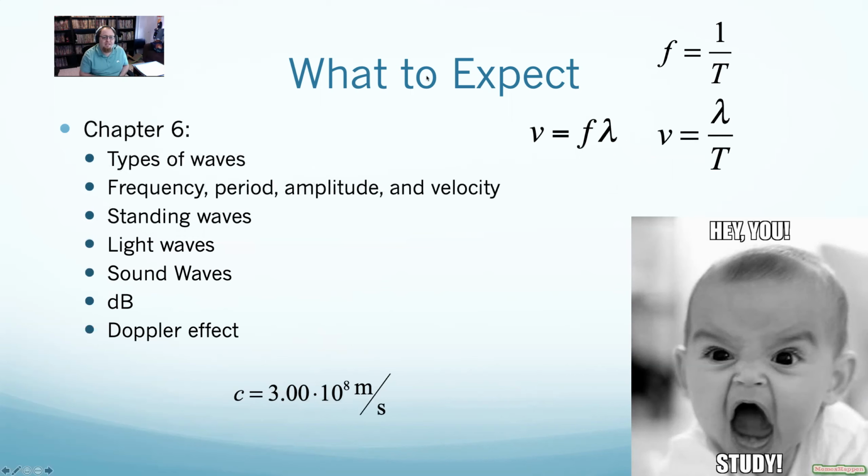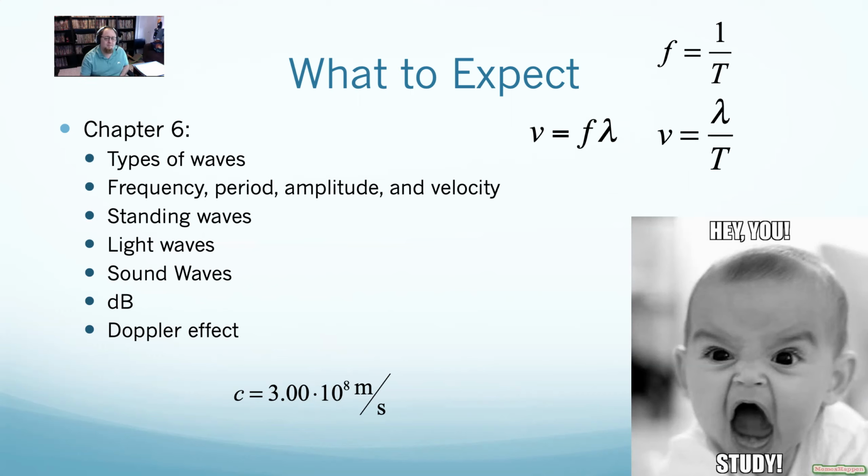For chapter 6, know your types of waves: standing, traveling, longitudinal, transverse. Know the relationship between frequency, period, velocity, and amplitude. Know how to deal with standing waves, how to deal with light waves, how to deal with sound waves and decibels, and the Doppler effect.